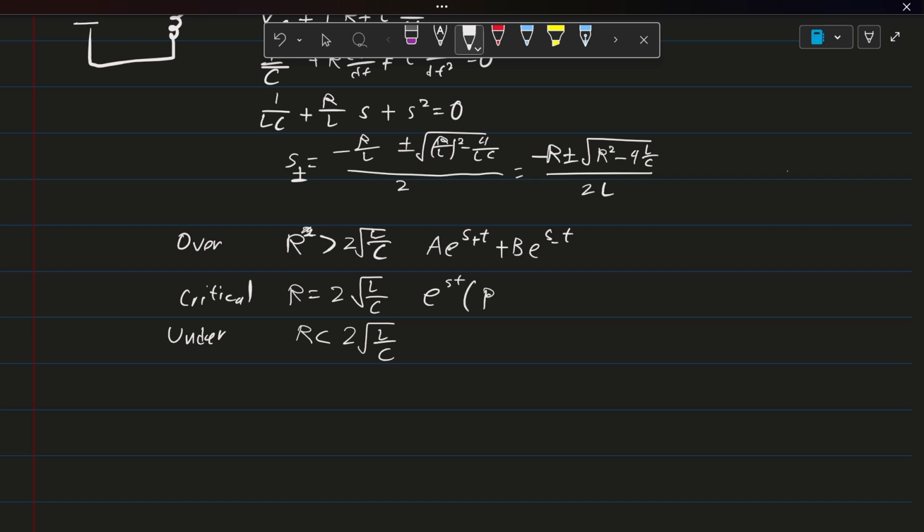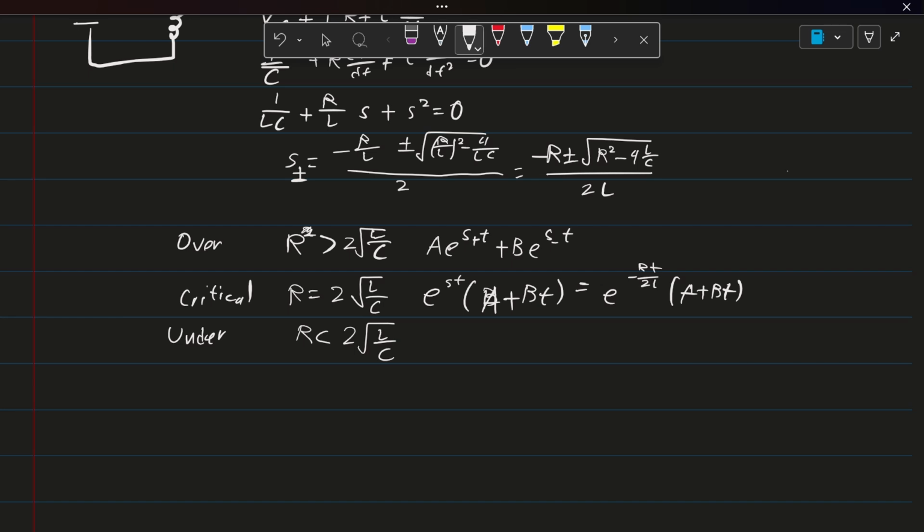For the critically damped, it will be e to the power of st multiplied by a linear equation. And especially here, if you plug in R equals 2 times the square root of L over C, what you get is e to the power of negative Rt over 2L, multiplied by the linear equation.